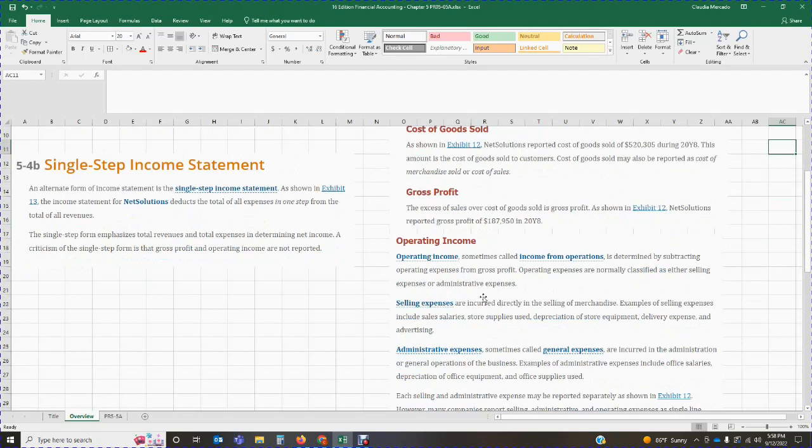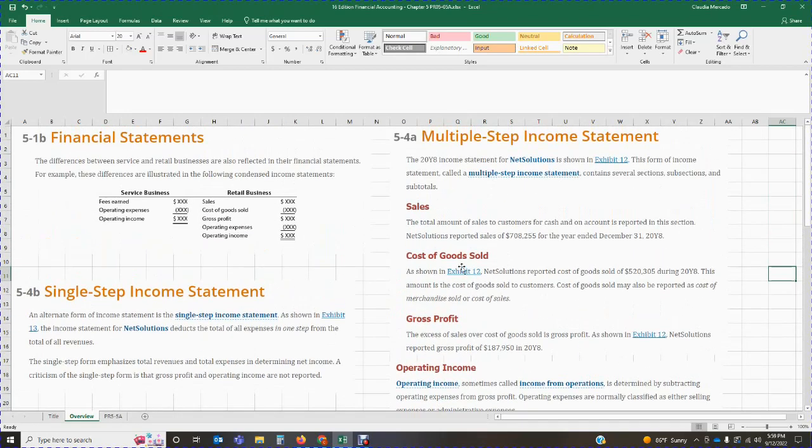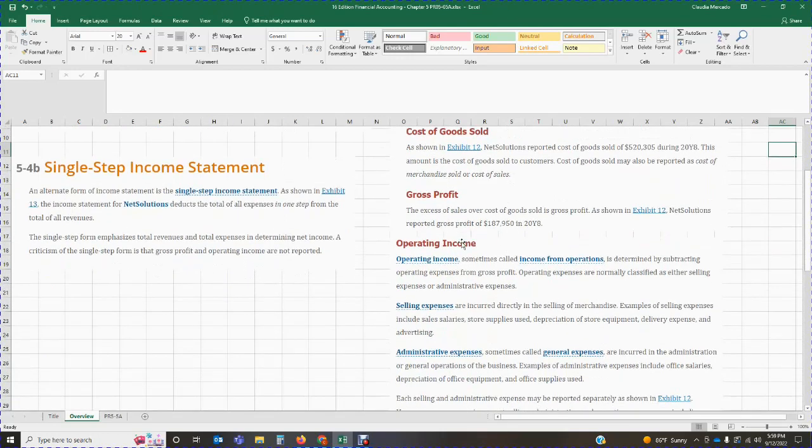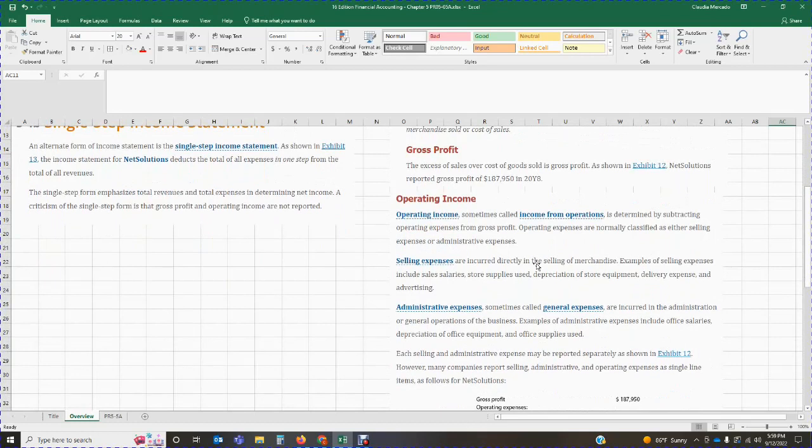Operating income, also known as income from operations, is determined by subtracting the operating expenses from the gross profit. So at this point, our sales minus the cost of goods sold give us our gross profit. After we calculate our gross profit, we deduct any operating expenses, and our operating expenses are classified into two categories: selling expenses and administrative expenses.